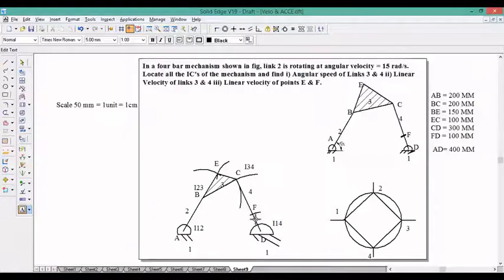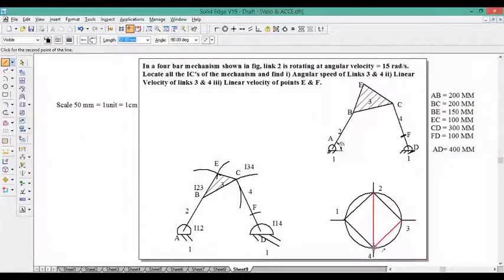Now to identify the remaining ones, which are neither fixed nor permanent, to find I24, let us apply Kennedy's theorem. We need to find I12 and I14. So I12 and I14 are on this line. Just join this and produce the line. I24 should come on the same line.